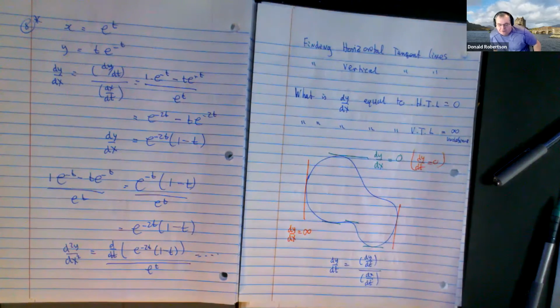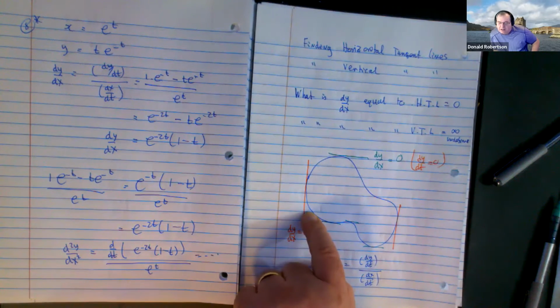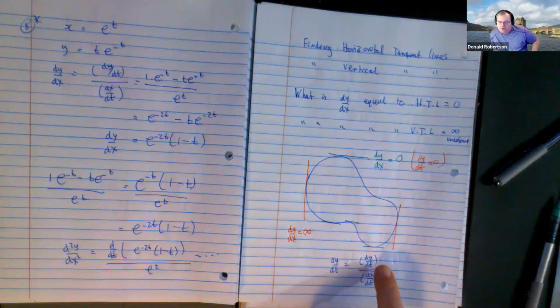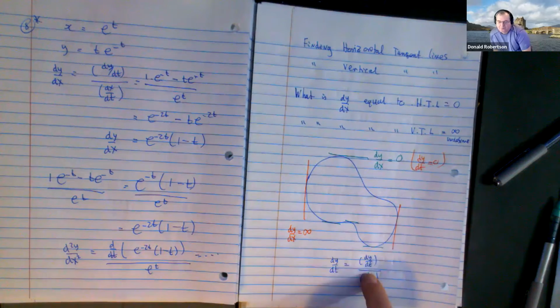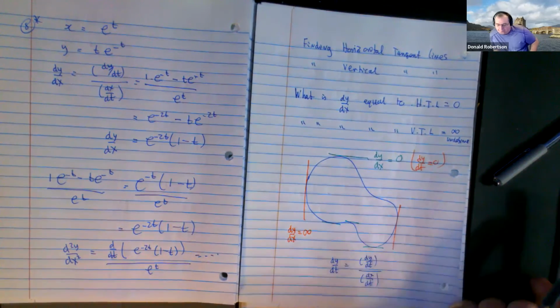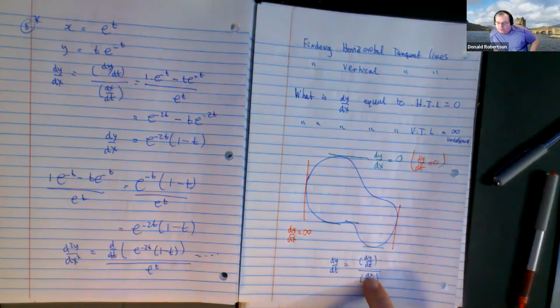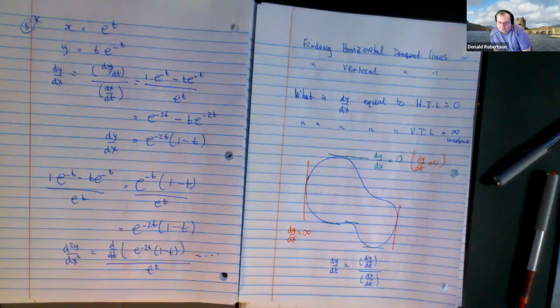What about for a vertical tangent line? Anything going on here that you only need to look for to make it vertical? Which one of these two needs to be a certain number for you to get vertical? dx by dt.